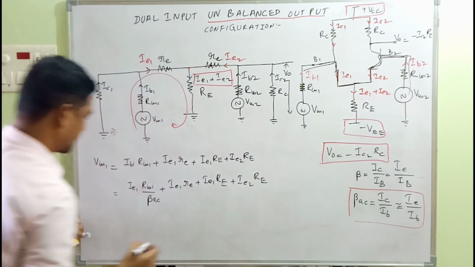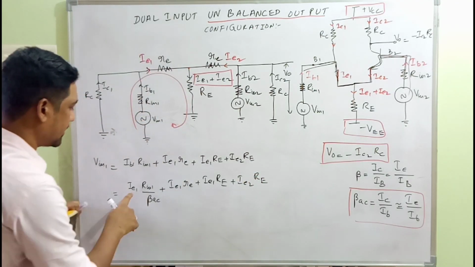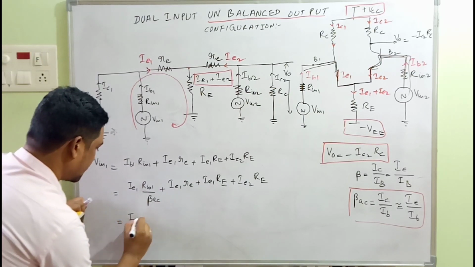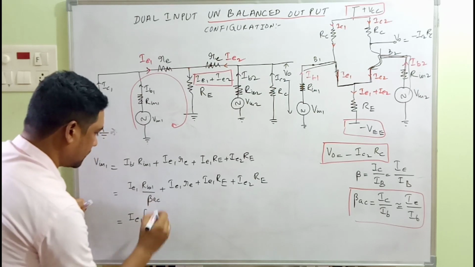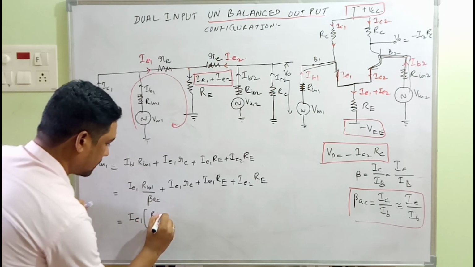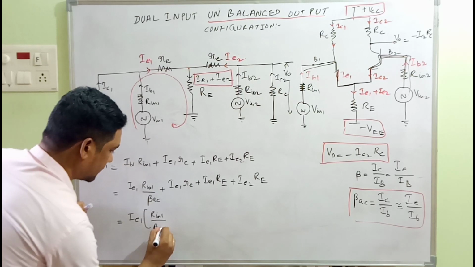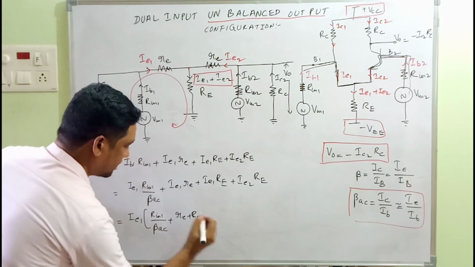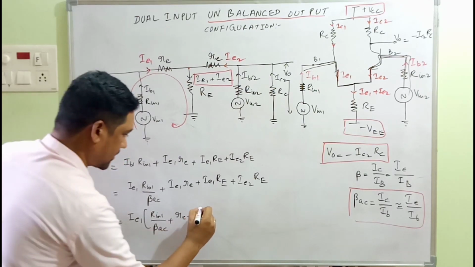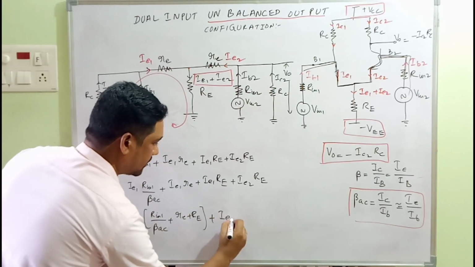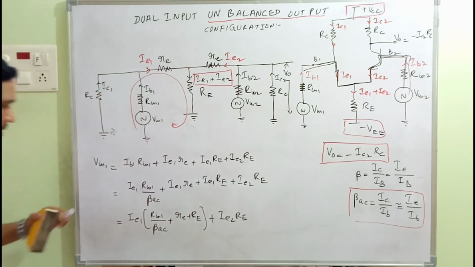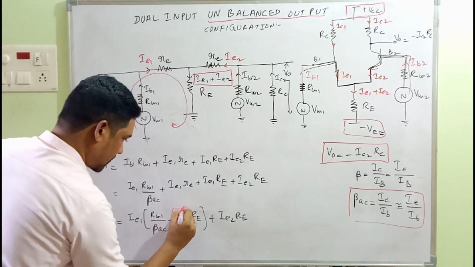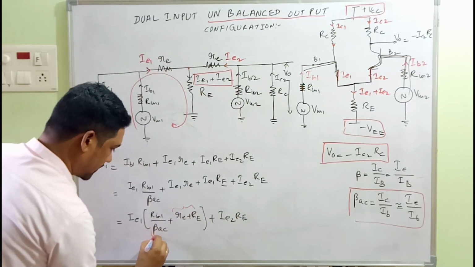And a small transformation over here, taking out IE1 as common from whatever term we have with IE1. So IE1 into Rin1 by beta AC plus RE plus RE. That's for IE1, we have taken out everything, plus IE2 RE. And in this expression, watching carefully, this entire resistance will be very much larger when compared to this one.